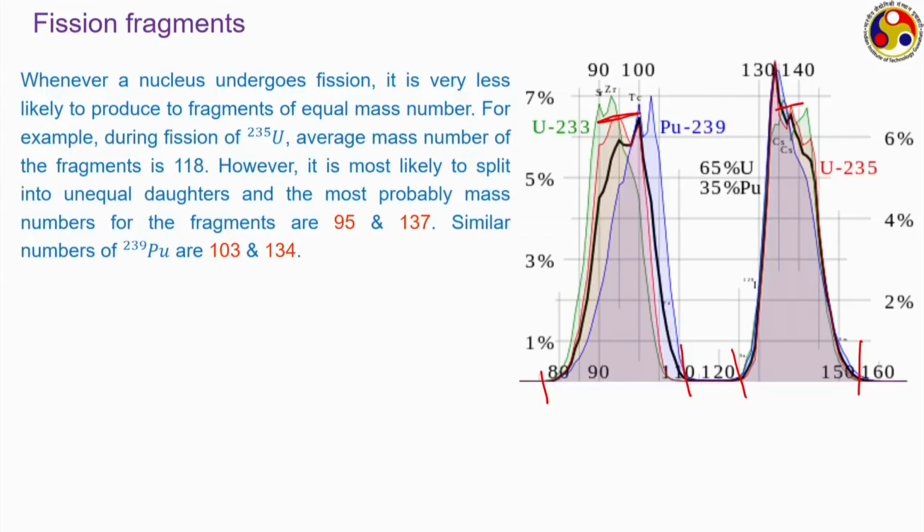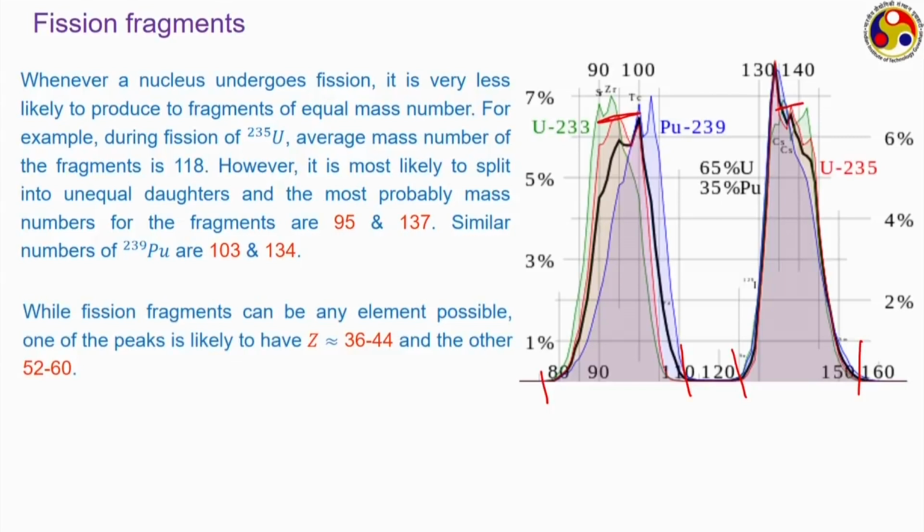Similarly, for other isotopes we get other numbers, while the range remains more or less the same: one between 80 and 110, the other between 120 and 150, slightly above 150. The most likely fission fragments for plutonium-239 have mass numbers of 103 and 134.